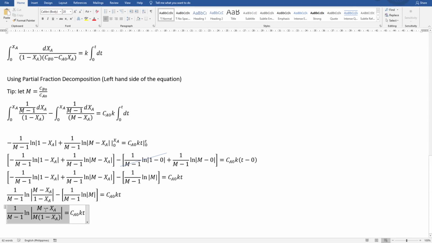So this is now the equation that you could use, or we could transfer this to the right hand side. So we could do that.